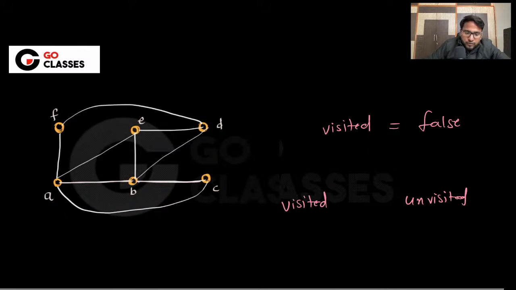See here, once you start at A, initially is any vertex visited or unvisited? Tell me. Visited is false for any vertex, right? So basically we are saying either the vertex is visited or unvisited. Maybe you visit it or maybe you don't. Initially it is unvisited, so visited is false.